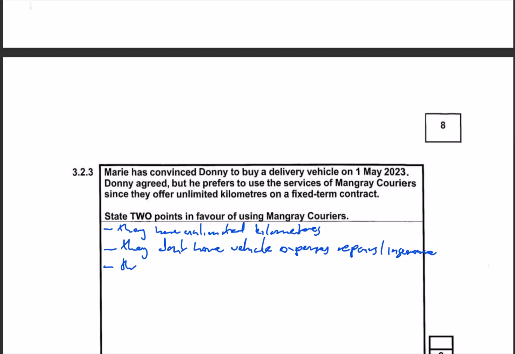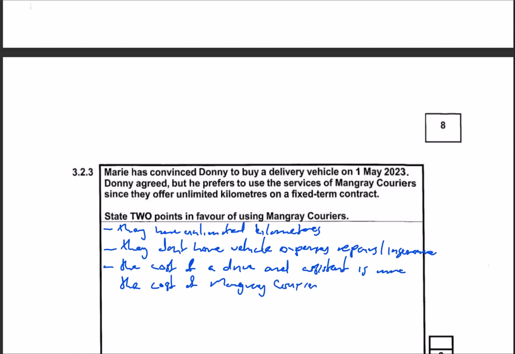Then the cost of a driver and assistant is more than the cost of Mangre Couriers' monthly charge.